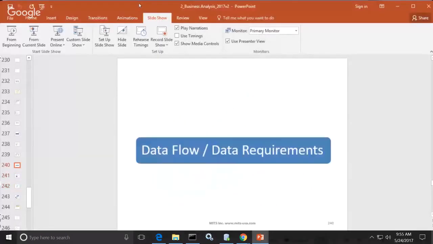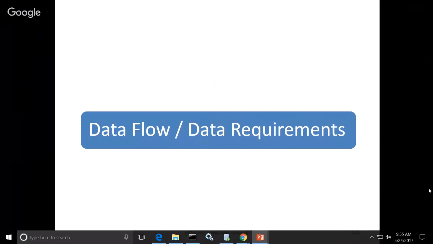Get out here so I can see page numbers. Right, it's on page 240, starting from there.